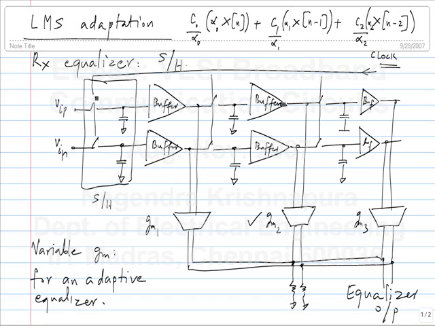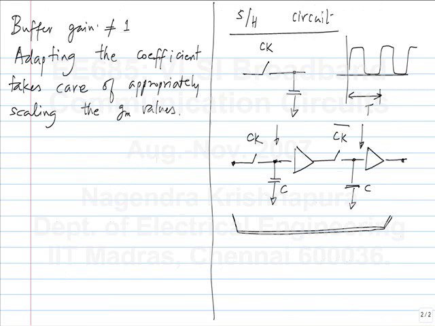Previously I just wrote this as a sample and hold, but this needs to be a cascade of 2 buffered sample and holds, so that it gives a delay of T. Okay, so you are saying you will operate this with half a clock cycle. I mean 2T. Yeah, that also can be done.